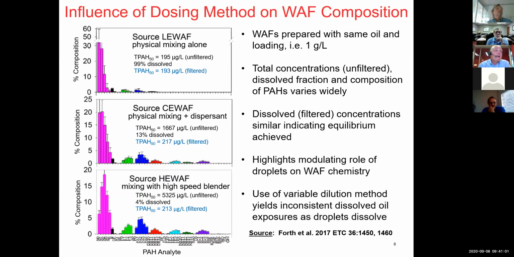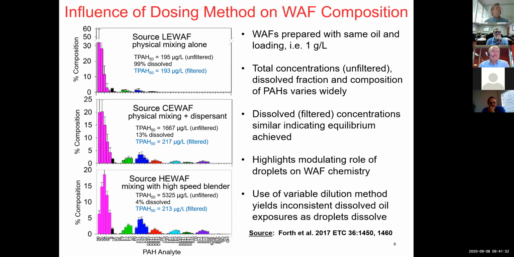On the y-axis is the percent composition of 50 individual PAHs that have been measured in each of these WAFs. And on the x-axis is the actual PAH analyte. The pink bars represent the parent and alkyl naphthalenes, the green bars represent the parent and alkylated fluorenes, and then phenanthrenes, and so on, to the higher ring, lower solubility PAH homologs.